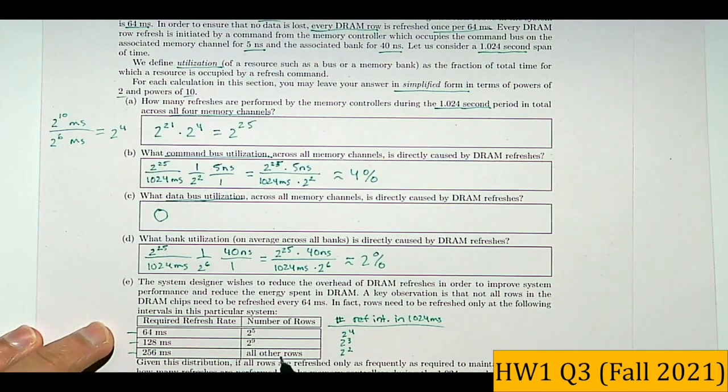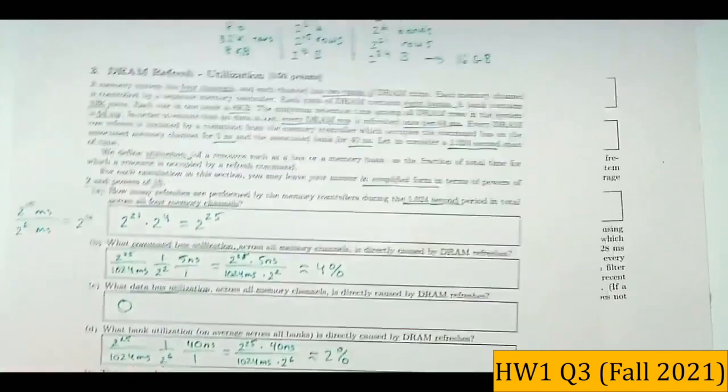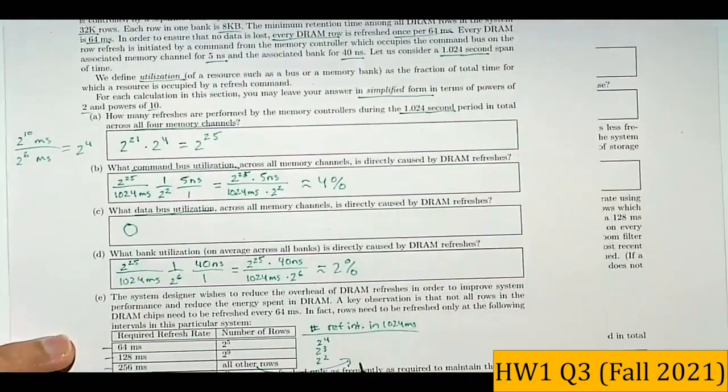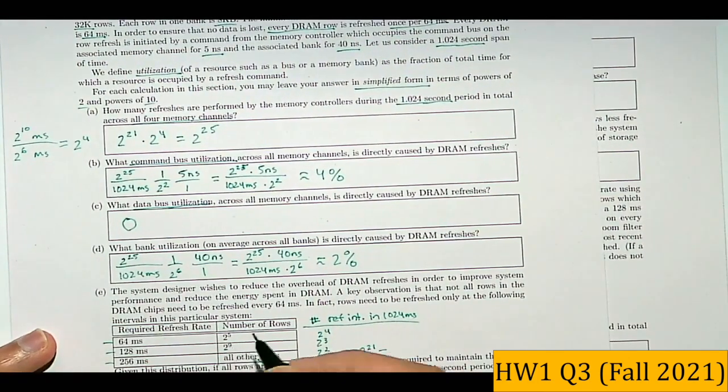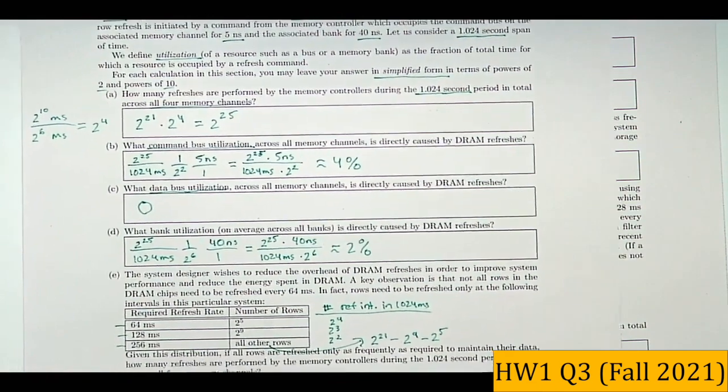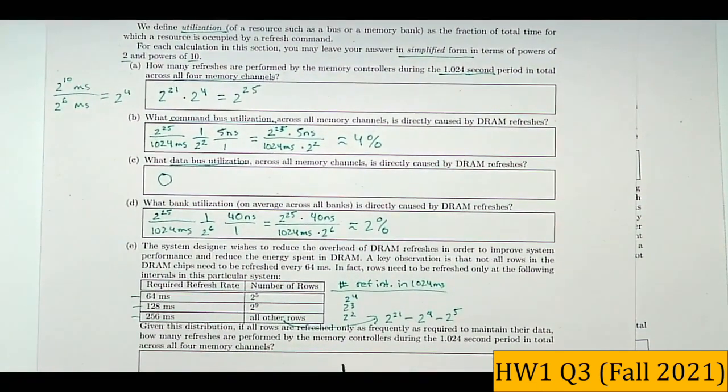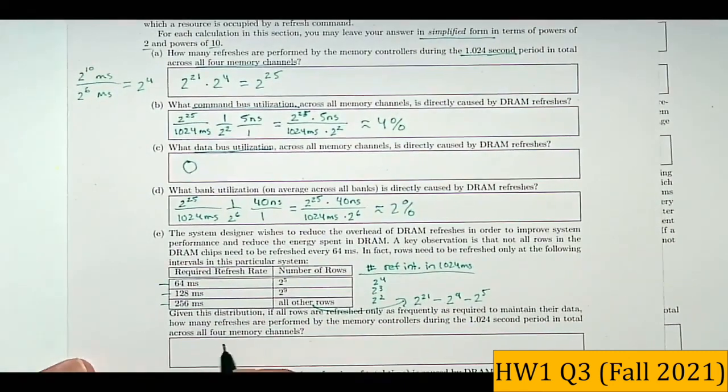To figure out that last value, we know the total number of rows in the system was 2 to the 21. So we can simply write this as 2 to the 21 minus the rows that are specified: minus 2 to the 9, minus 2 to the 5. Now we have all these quantities, and figuring out how many refreshes are necessary during this period is just multiplying those values through. It's nothing too complicated.